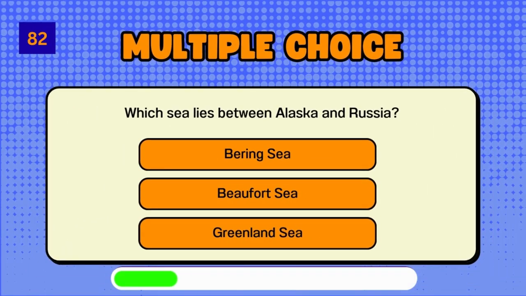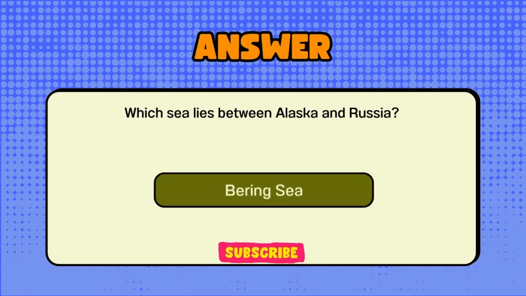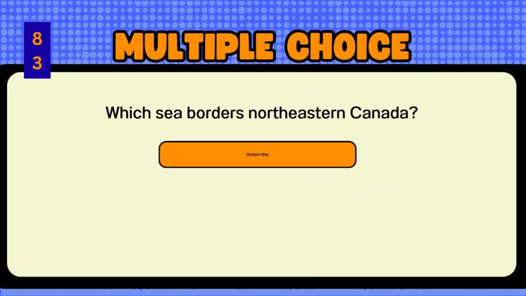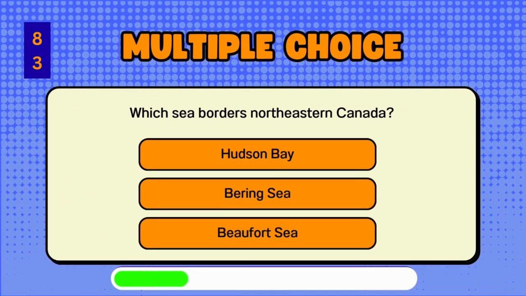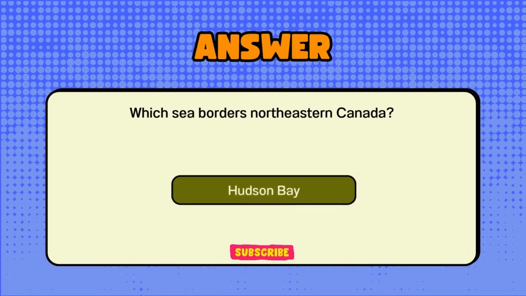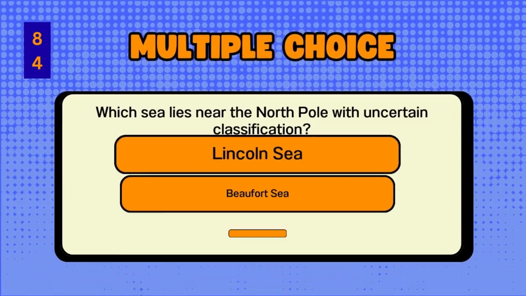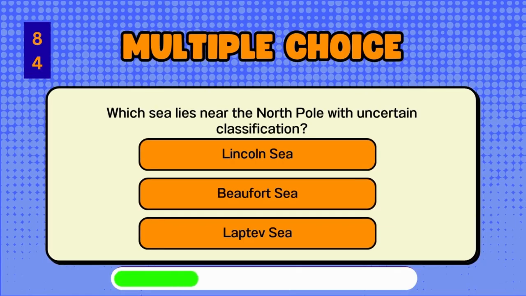Which sea lies between Alaska and Russia? Which sea borders northeastern Canada? Which sea lies near the North Pole with uncertain classification?